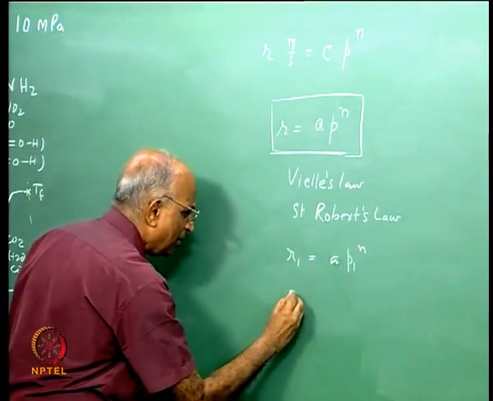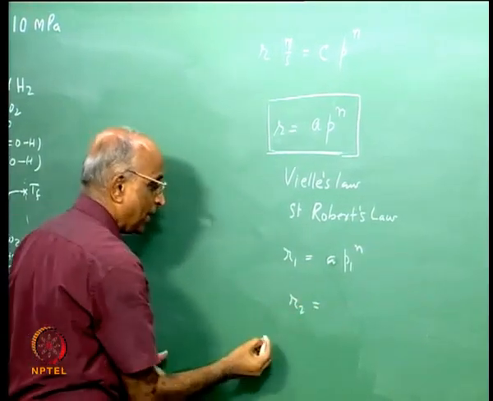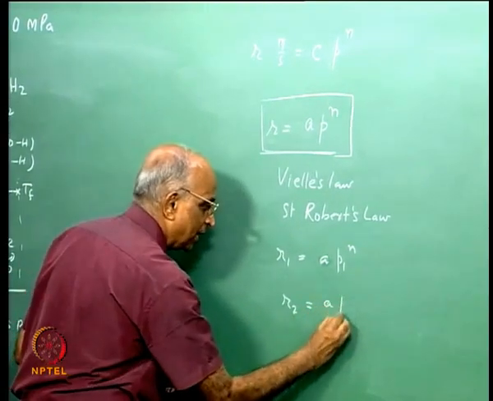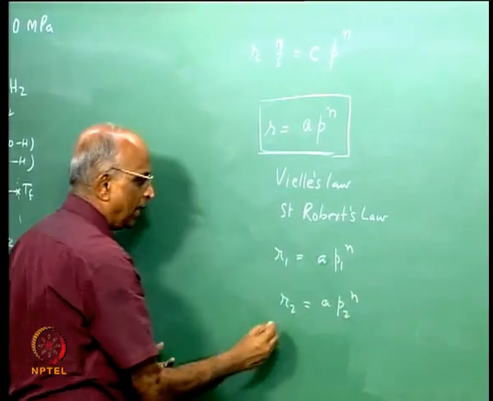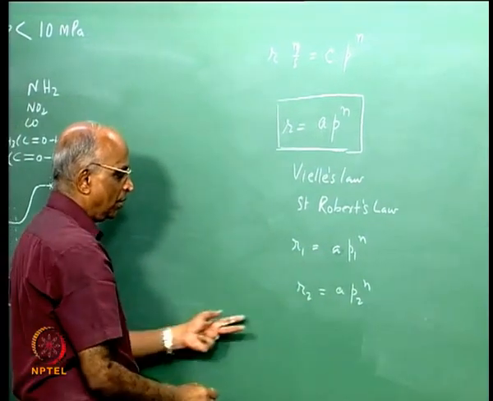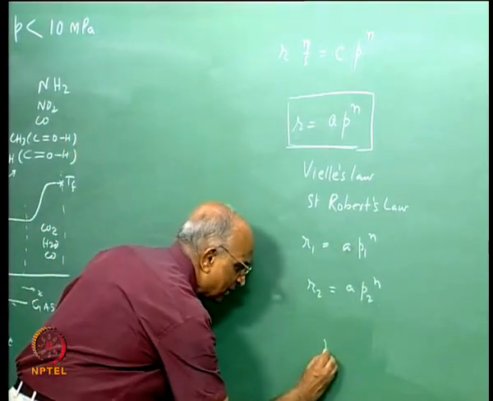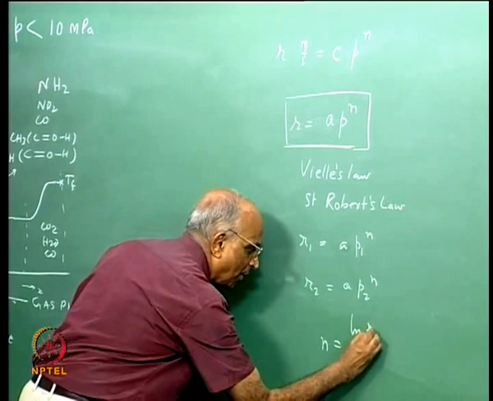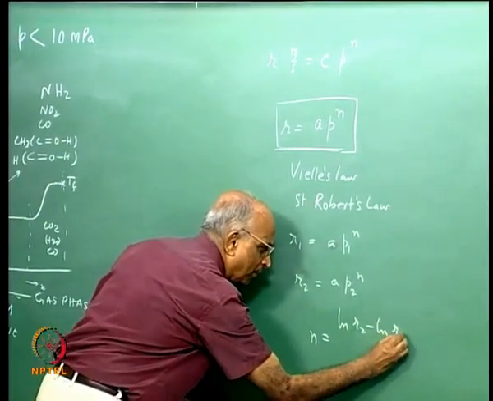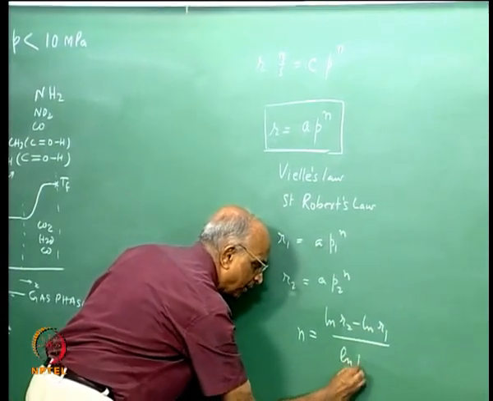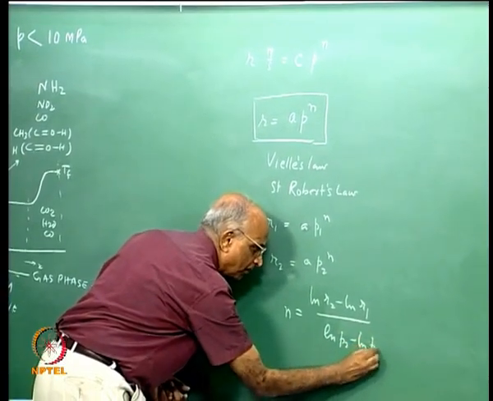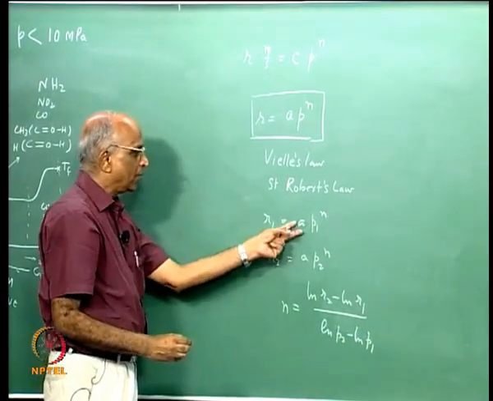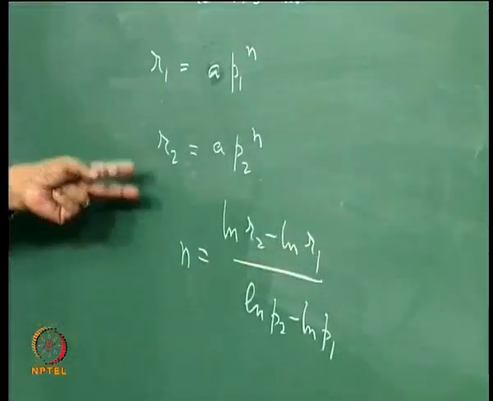At a pressure which is a little bit away, I measure the burn rate in an experiment and get A P2 to the power n, and now I use these two equations to find out the value of n, which is n equal to ln r2 minus ln r1 divided by ln P2 minus ln P1. Once I get the value of n, I can go and determine the value of A.